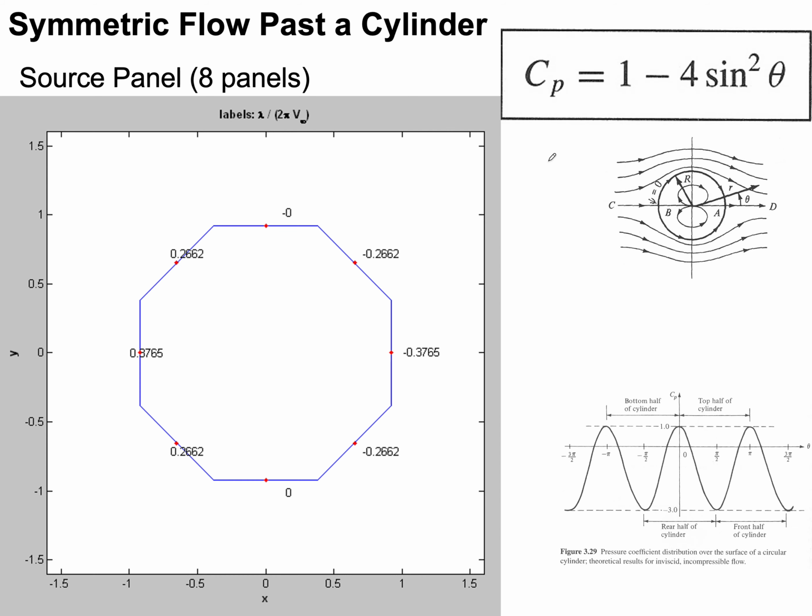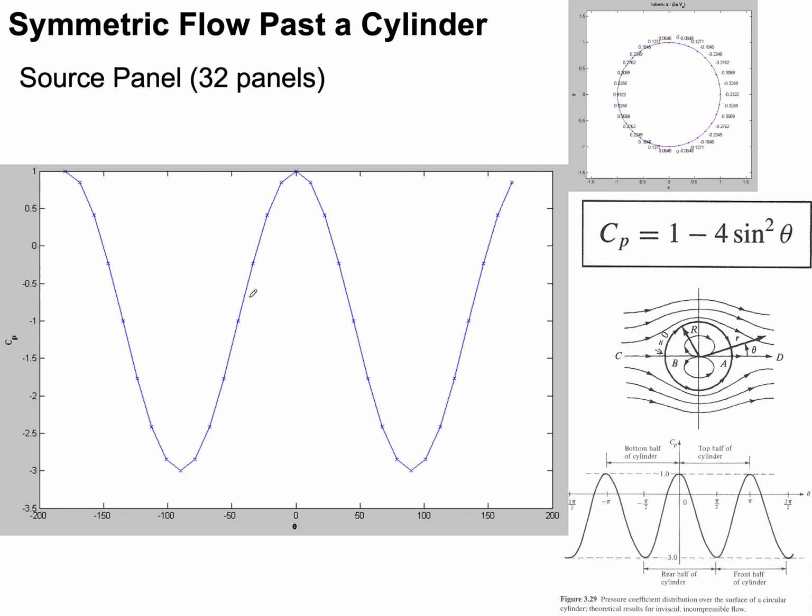Then you label them, and you see that these ones are sources and the ones downstream are sinks, which is consistent with what we have seen when we were doing the Rankine oval and the semi-infinite Rankine oval. When we closed the semi-infinite Rankine oval we needed to add a sink of the same magnitude as the source. So it's all consistent with each other.